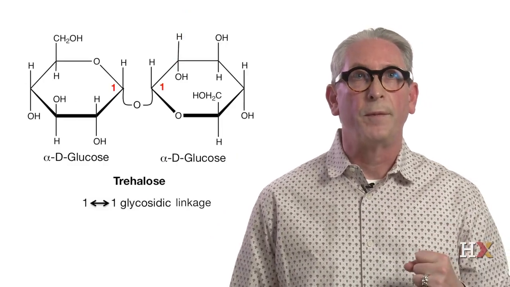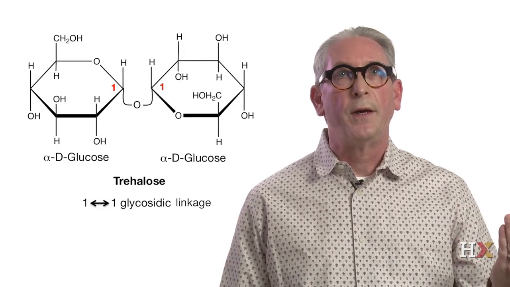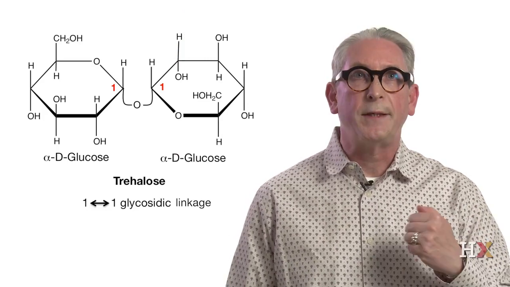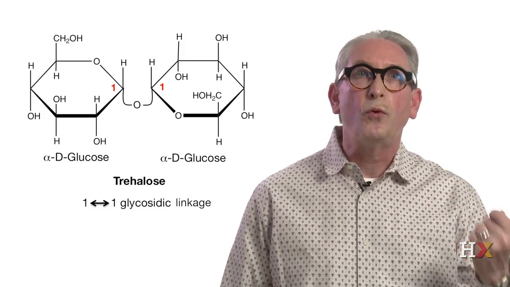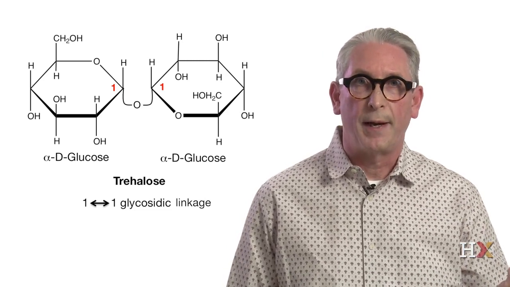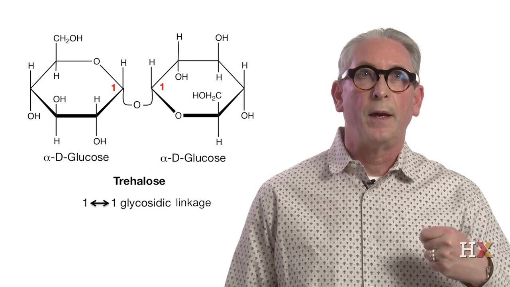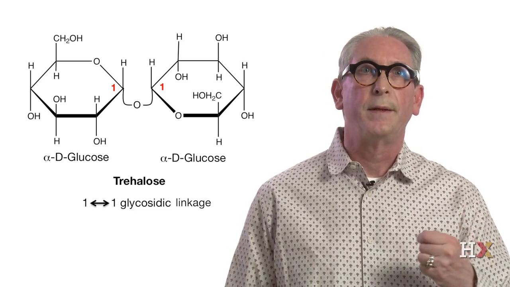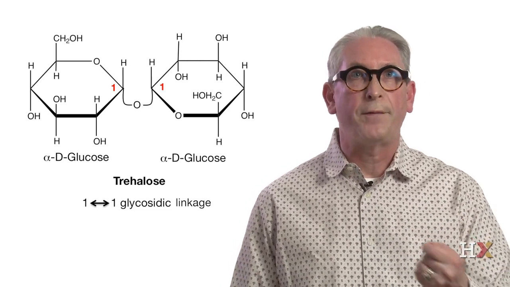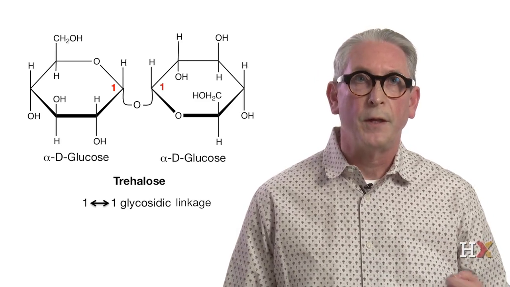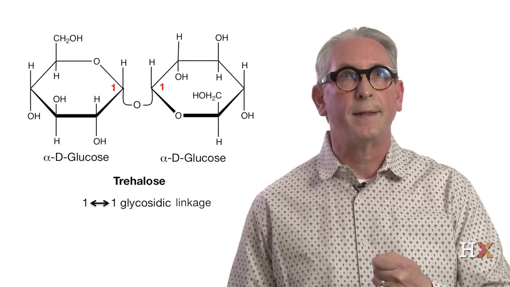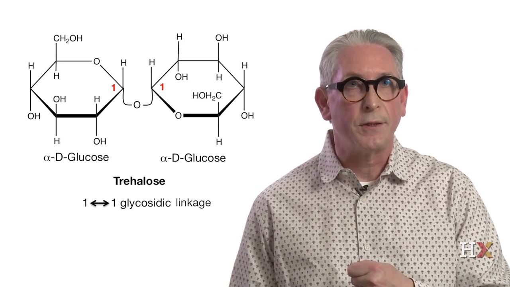So for example, we can have a disaccharide that is formed by the reaction of two identical monosaccharides. The carbon 1 of two alpha-D glucose can react with each other to form a 1,1 glycosidic linkage.